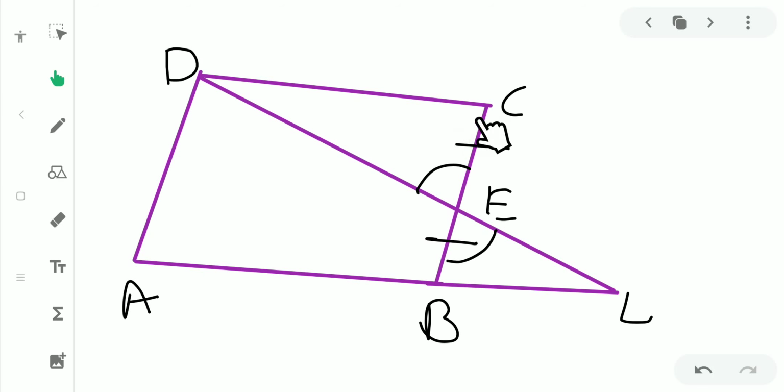And on proving congruency, when we place this triangle on this triangle, we will get this line equal to DC, that is BL will be equal to DC.